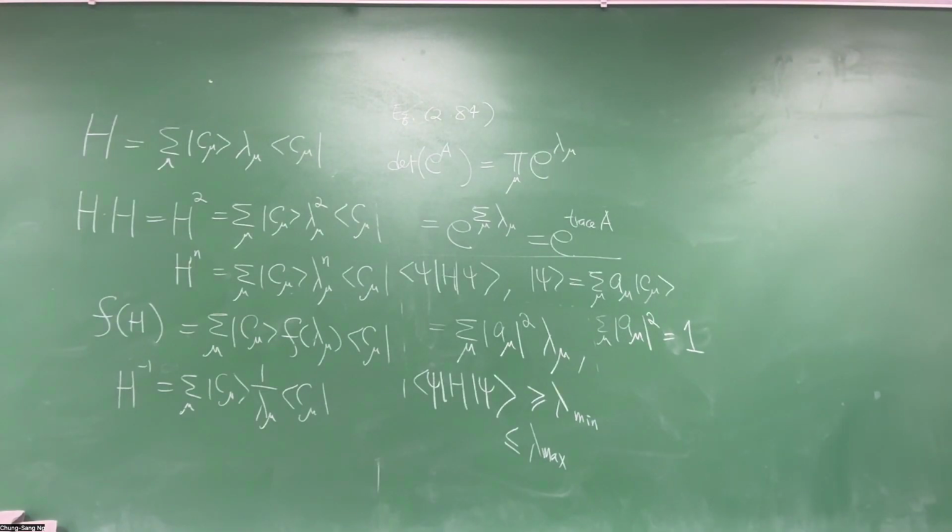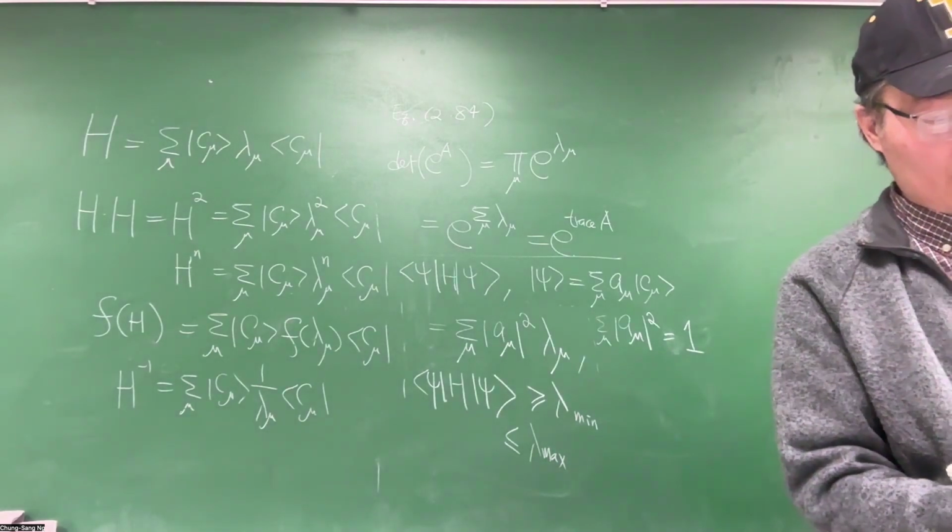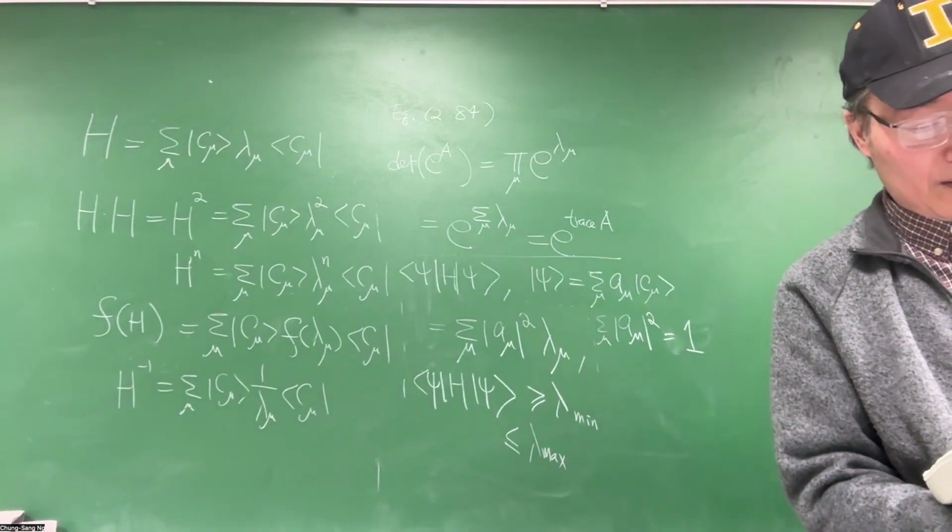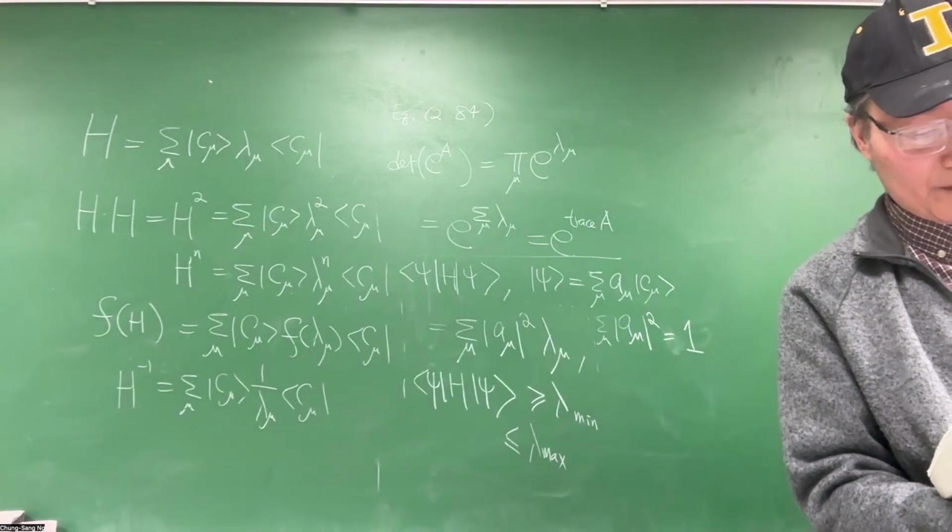Okay, and I suppose I'm out of time, but I think there's one last example. This overlap matrix is basically for a non-orthogonal basis, and you can define this overlap matrix and show that it is also a positive definite matrix.